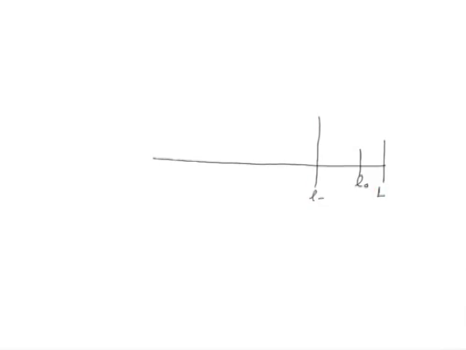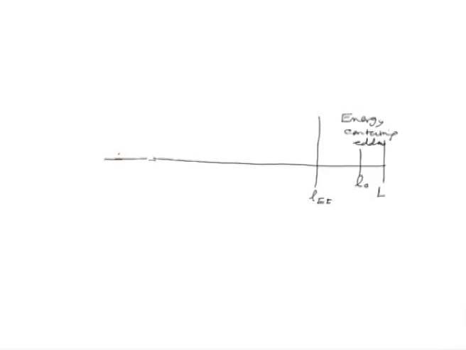So, this is the one which demarcates the energy containing eddies from the small scale eddies, and the small scale eddies are the ones which transfer energy from the large eddies to the small, and in the end we reach the smallest length scale which we call eta.